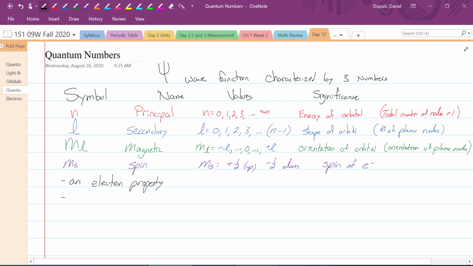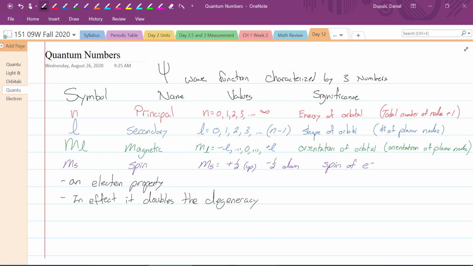In effect, it doubles the degeneracy, and that means the same energy level, the same energy.